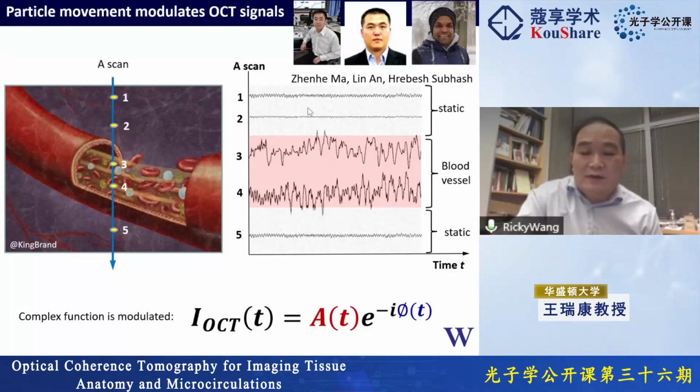So if I give you this time series of the OCT scans at one position and let you identify where the blood flow is, I think nobody will fail. It's very obvious, right? You just look at the fluctuation of the signals. If this fluctuation is really rapid, it means that at this position you have a blood vessel or moving blood cells. And if you have no signal fluctuation, there's no blood vessel.